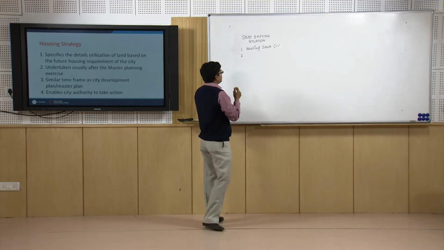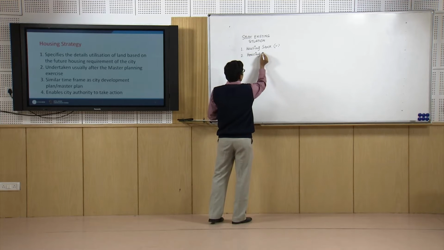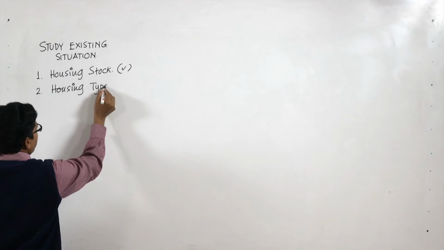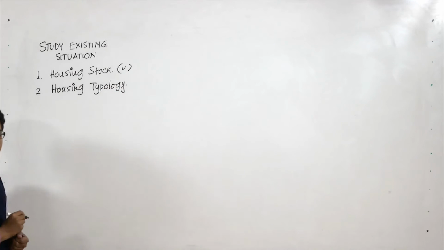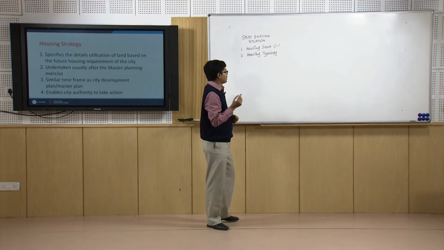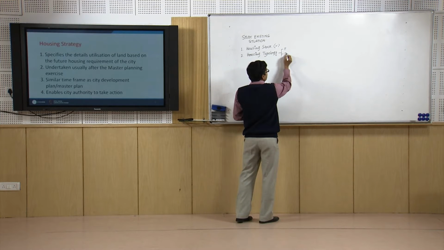Based on that we make the housing typology. For example, we discussed that there are various typologies where the broad classifications were formal, informal and organic.